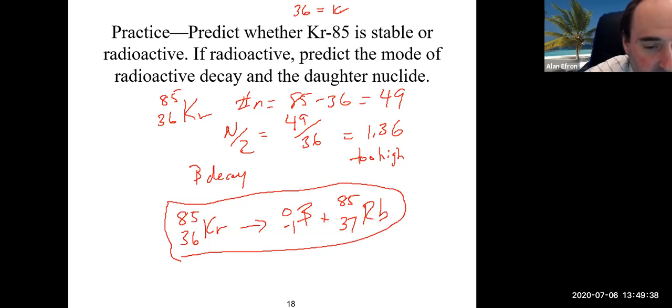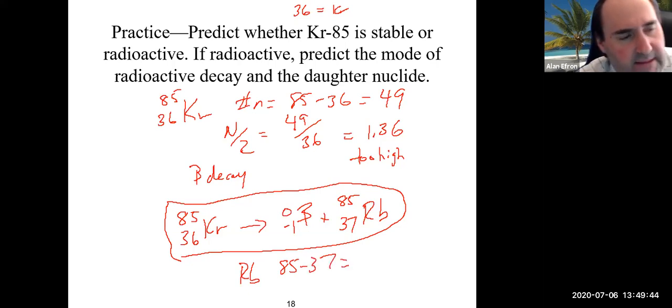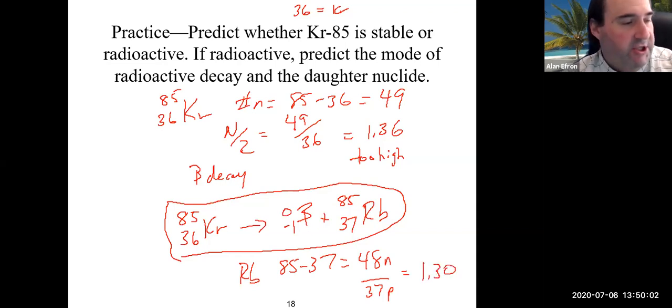So if we now take for our Rb 85 minus 37, we'll grab the calculator here, that's going to be 48 neutrons divided by 37 protons. We're now at, we'll call it, 1.3-ish.